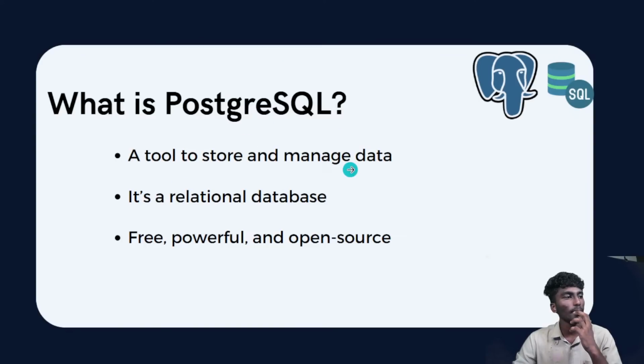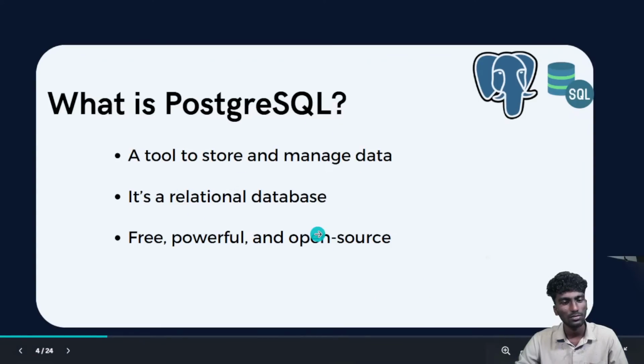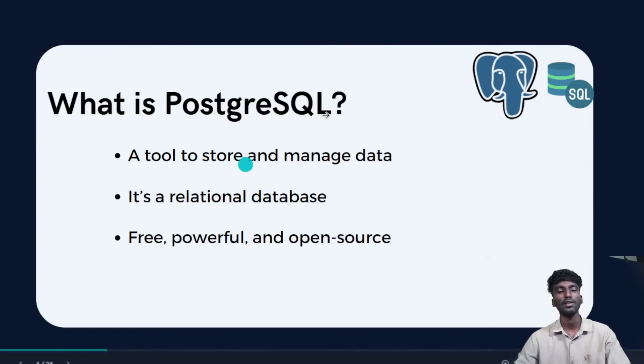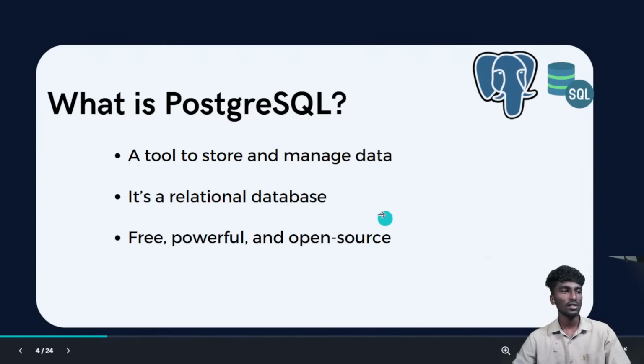What is a relational database? Relational database means it stores the data in table format, and non-relational means it stores the data in an untabled format.